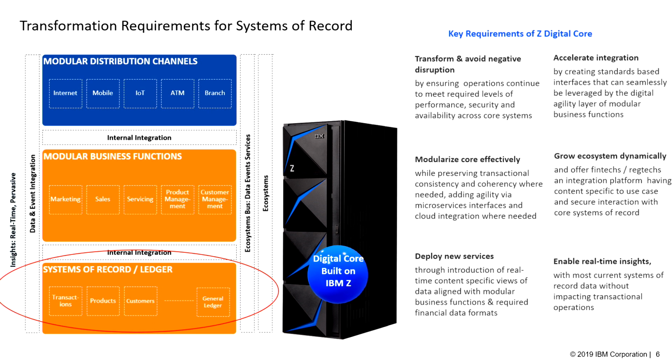Some of the key requirements for that bottom layer are to ensure that as the transformation is going on, there's no negative disruption; ensure that we're able to identify the right modular components in that system of record to interact with the agility layers; make sure that the institutions can deploy new services quickly; and enable capabilities like real-time insights.